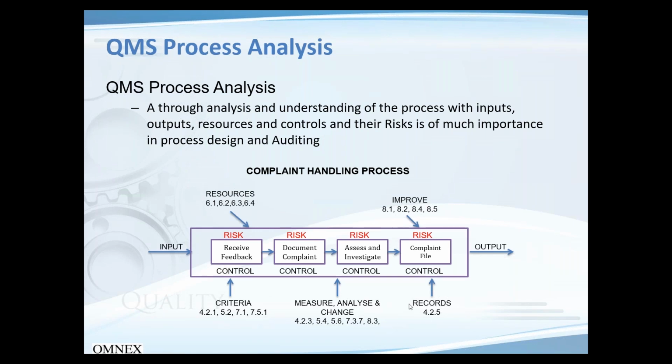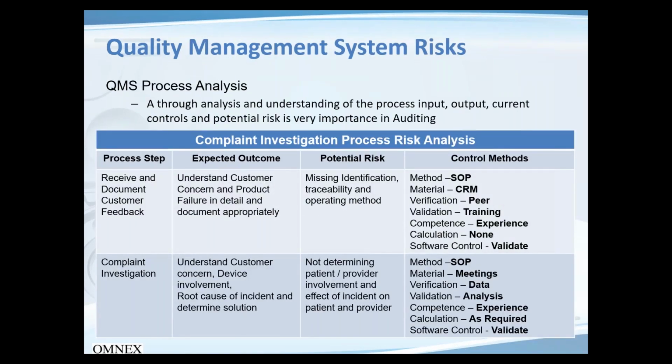All these things are looked into in each process, and this is a process analysis approach that the QMS usually uses. I'll just give a little bit of input into a QMS process analysis, looking at the risk. We have a process step, and each process is supposed to have an expected outcome, and then we see what is the risk in that particular process and what kind of control methods are there.